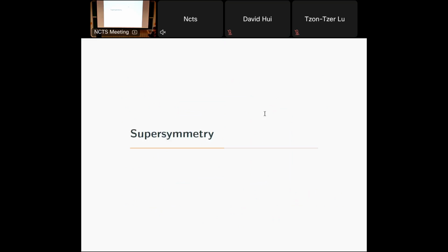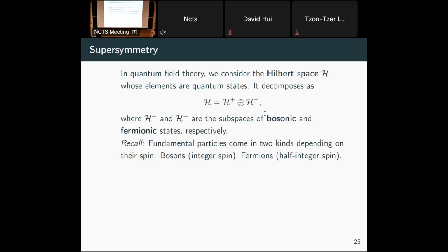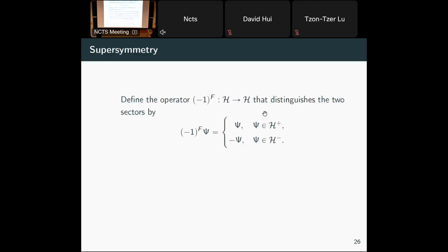Let me be even more sketchy to talk about this because it will require a lot of notions of quantum mechanics and things like that. But basically, you can think of quantum field theory as being the study of Hilbert spaces, which have this decomposition into plus and minus. This decomposition is because of this operator, which again has eigenvalue plus or minus 1.